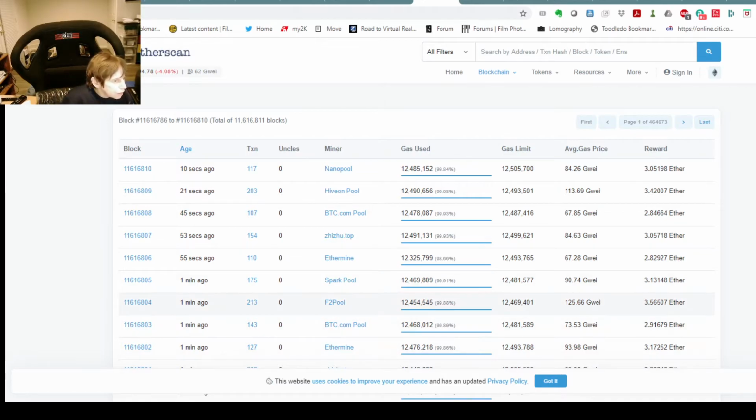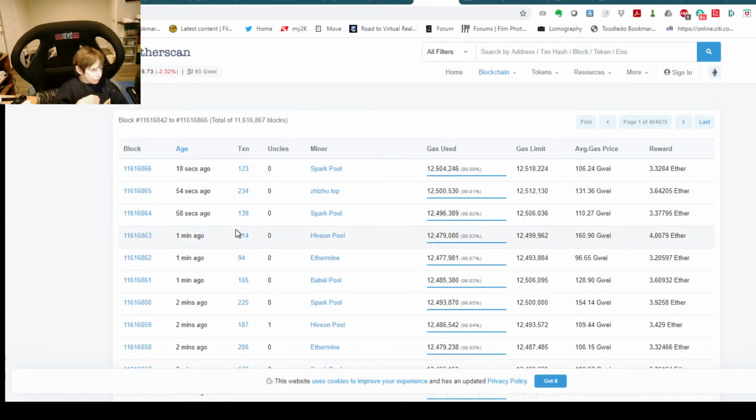This is Etherscan. And these are the blocks. You can see all the blocks lined up, the amount of gas. If I refresh this, as you can see, it has changed. So this is how the Ethereum blockchain is in essence an infinite state, because state has changed, blocks have been added.